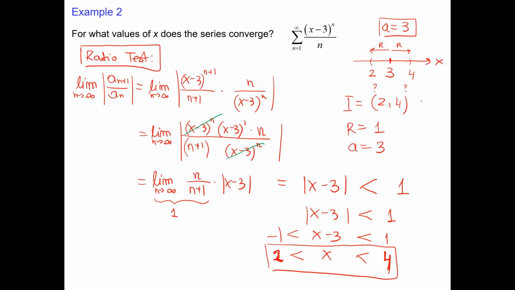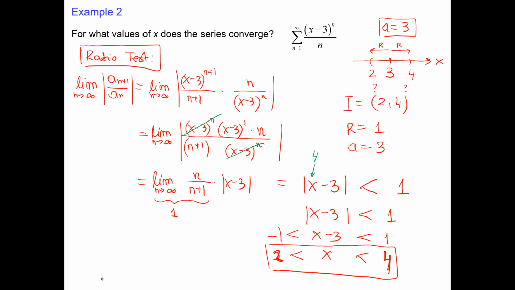We cannot use the ratio test to test the endpoints, because if I substitute x equals 2, 2 minus 3 is -1. The absolute value of -1 is 1. By the ratio test, if the limit is 1, the test is inconclusive. The same will happen when we substitute 4: 4 minus 3 is 1, the absolute value of 1 is 1.